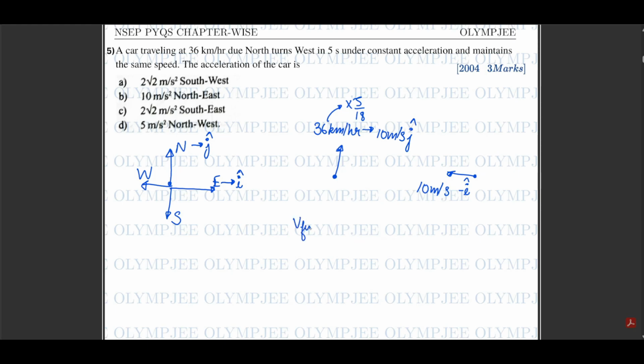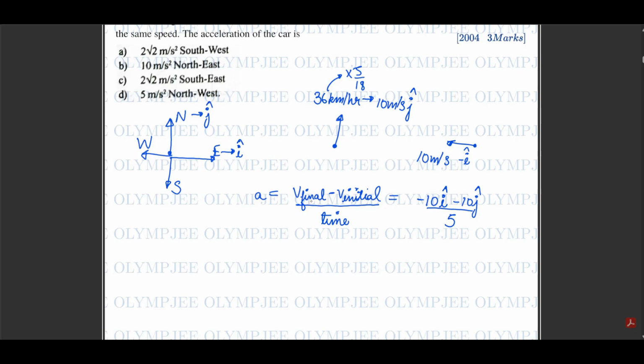Acceleration is given by v final minus v initial by time, which is minus 10 i cap minus 10 j cap by 5. So this gives us minus 2 i cap minus 2 j cap. But the options don't contain the answer in this form.